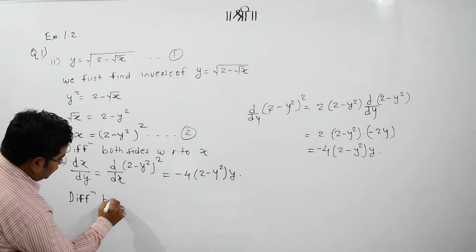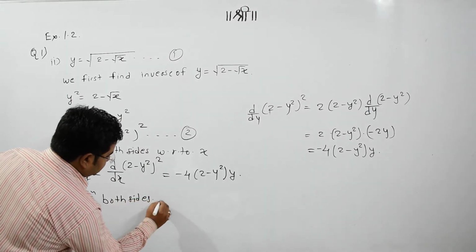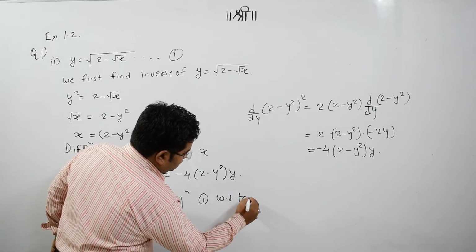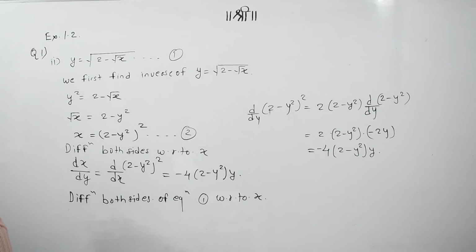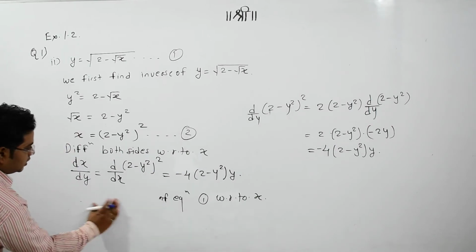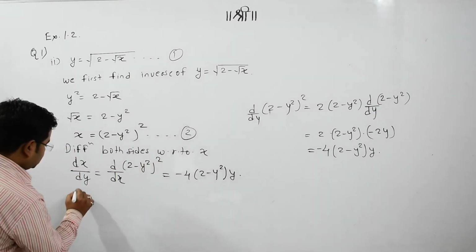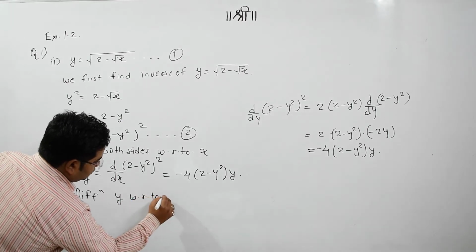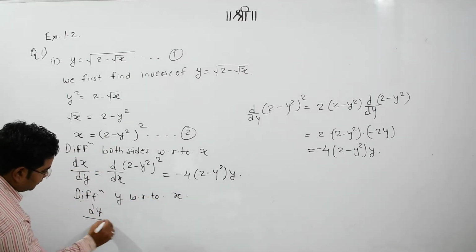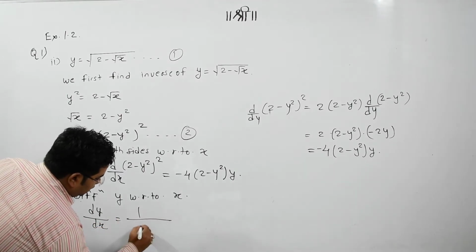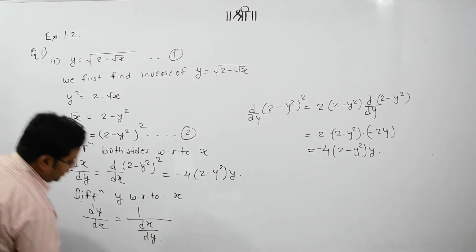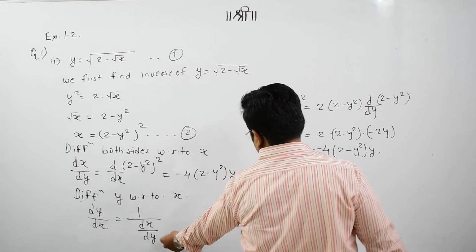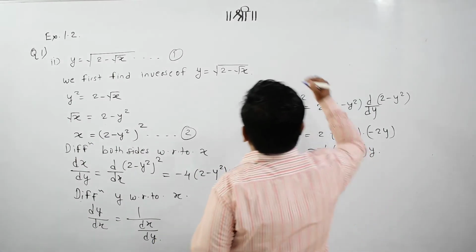Now, we have differentiated both sides of equation 1 with respect to x. Otherwise you can say differentiating y with respect to x, which is dy upon dx, is equal to 1 upon dx upon dy, by the inverse theorem.